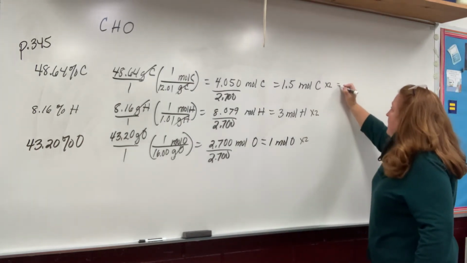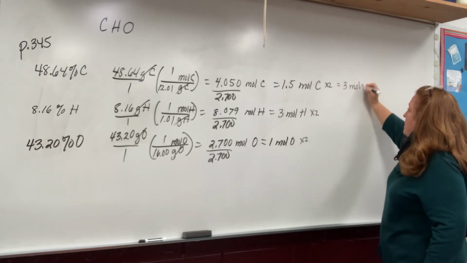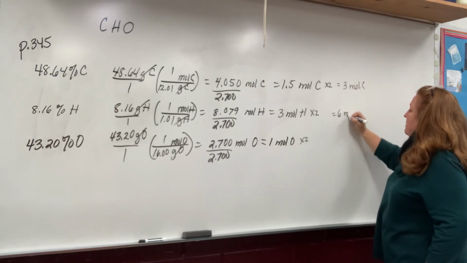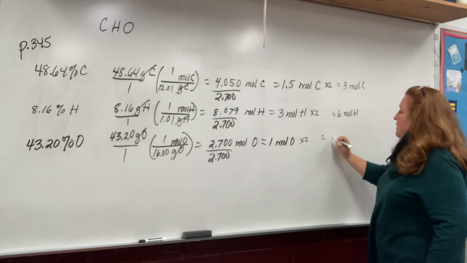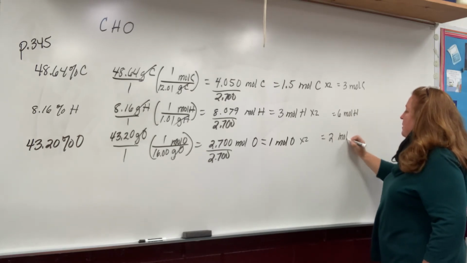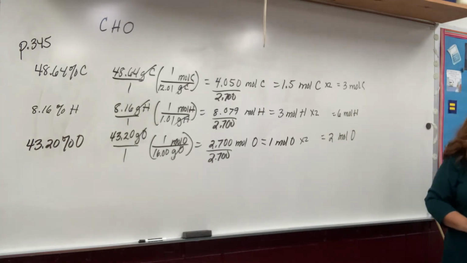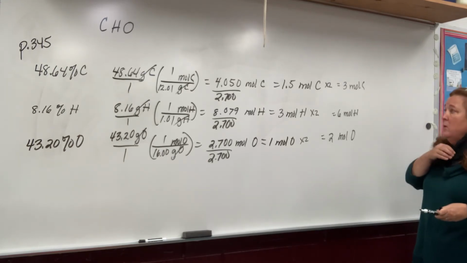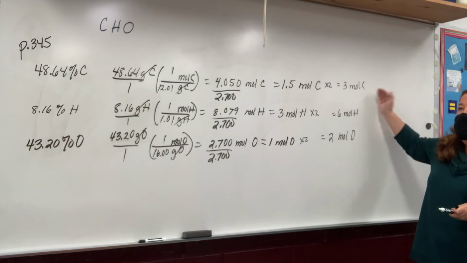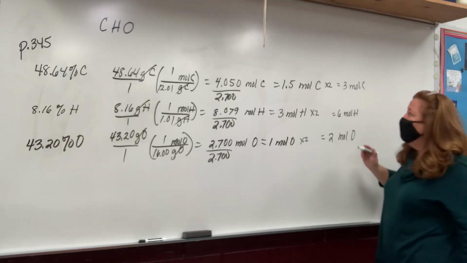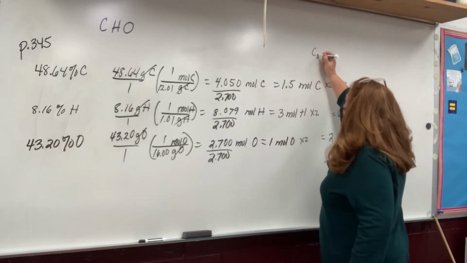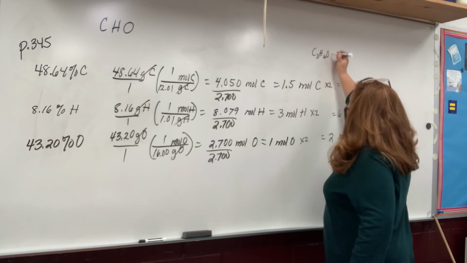So now this becomes a 3 to 6 to 2 ratio. And so now the empirical formula, the ratio becomes the subscripts. C3H6O2.